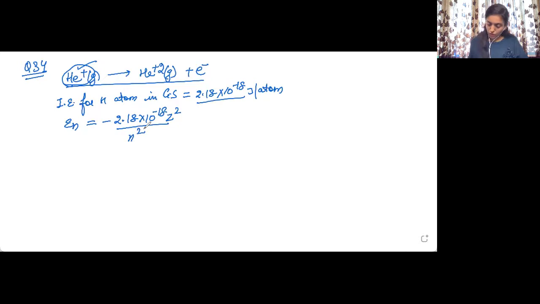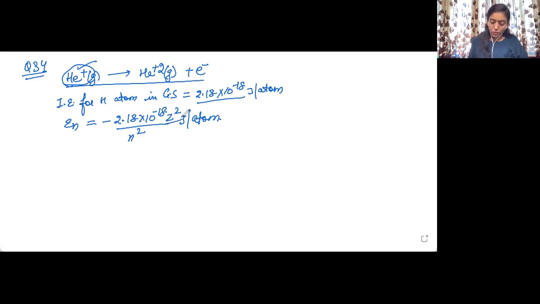All right, so this will be the energy for a hydrogen-like atom. If we are talking about Li2+, lithium 2 positive, again this will be the formula, only their Z will be different.